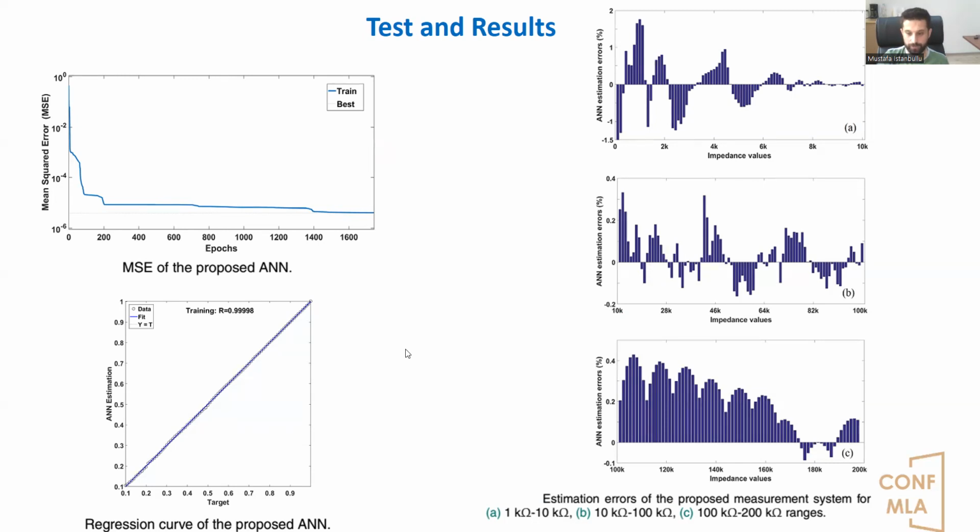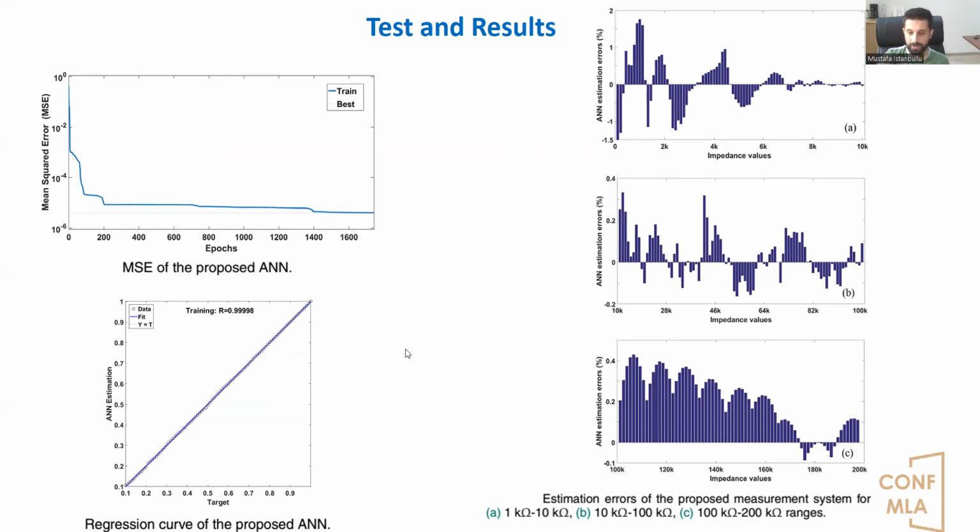Training of the proposed artificial neural network is performed by using all train data in the range of 1 to 200 kilo ohms. Thus, by calculating distance coefficients, the range of the impedance to be measured is pre-estimated. Then, the proposed neural network calculates the high precision impedances. Each testing impedance is evaluated in the related range of artificial neural network.